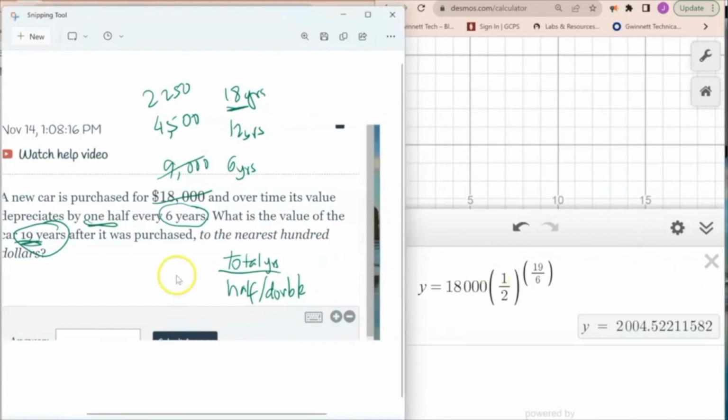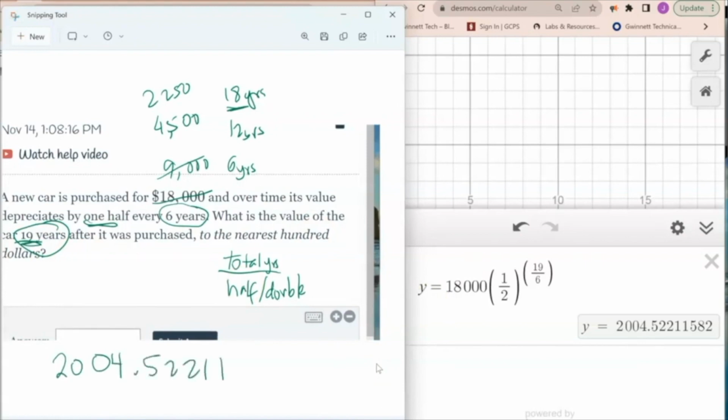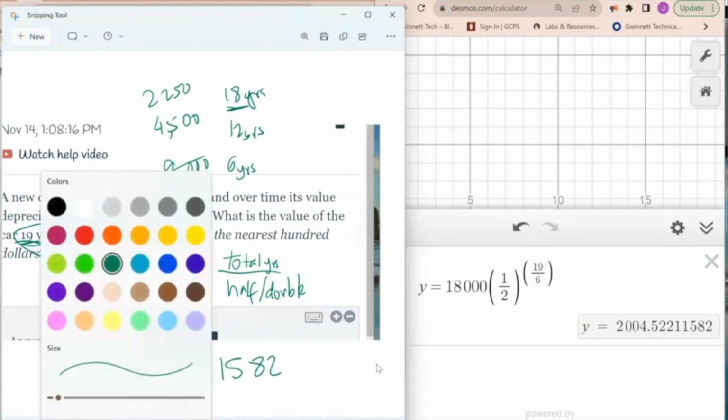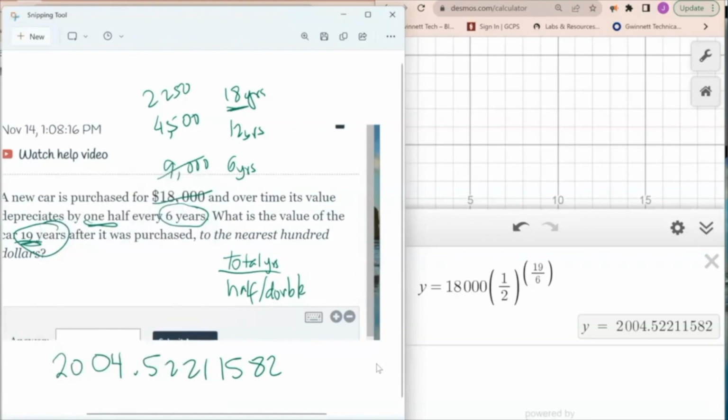Okay, so to the nearest $100, this number is 2004.5221158. Remember what we were talking about in class: the nearest dollar, the nearest tens of dollars, the nearest hundreds of dollars.